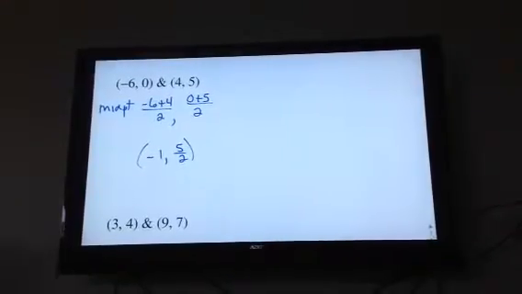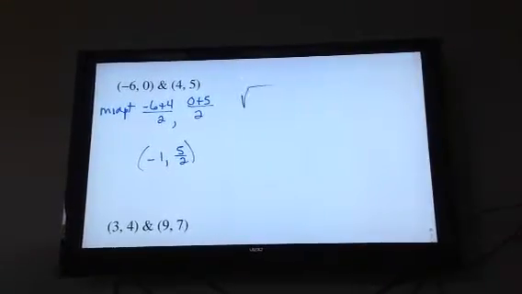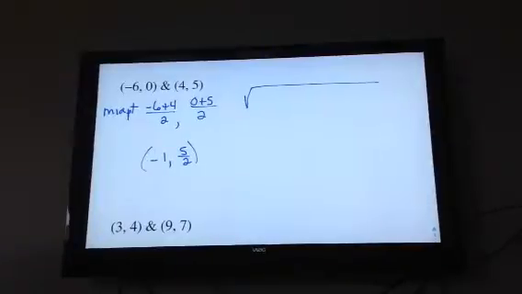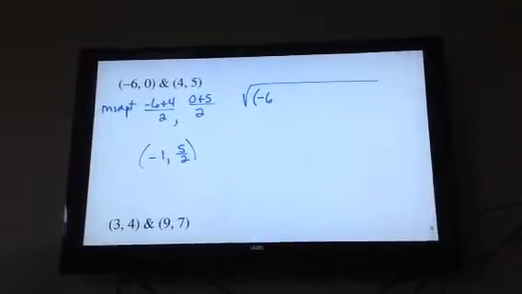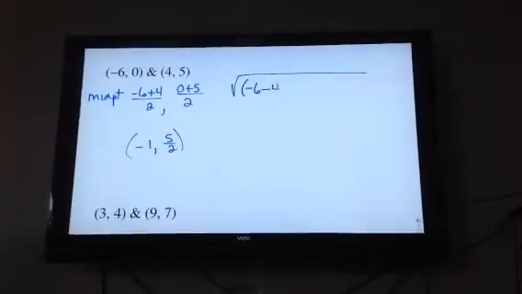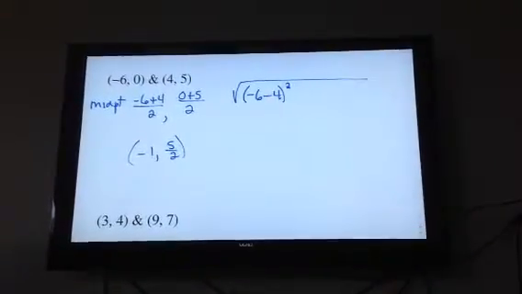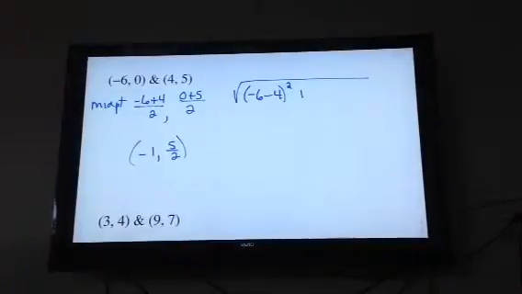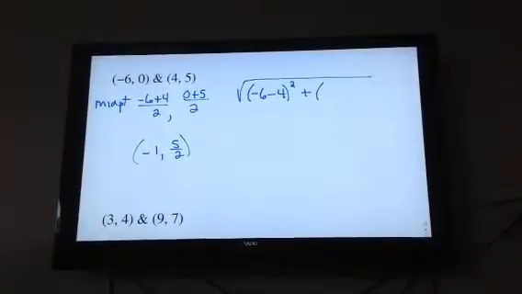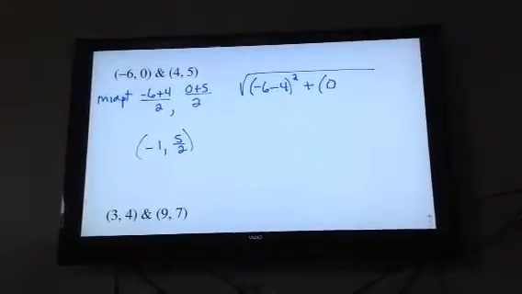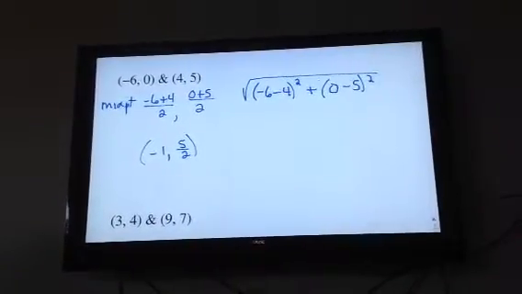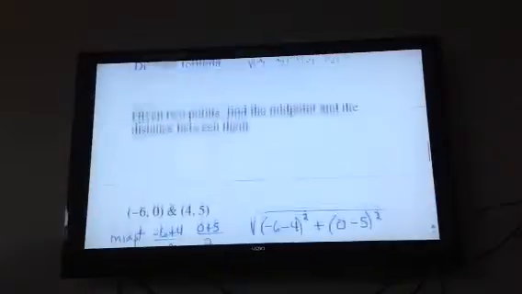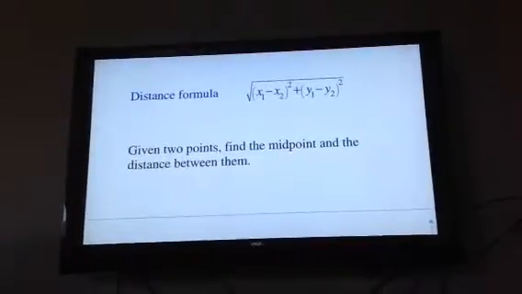And now the distance. Square root, x, so -6, minus the other x, 4, squared. Add to that the y, which is 0, minus the other y, 5, squared. So again, I'm plugging it into the formula.